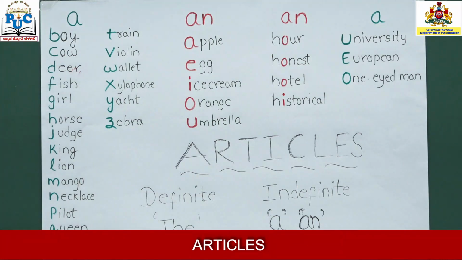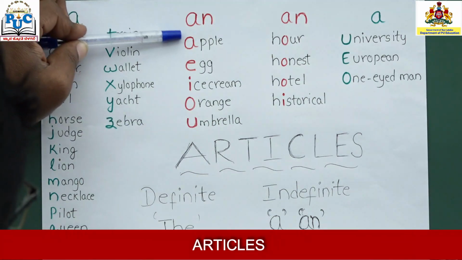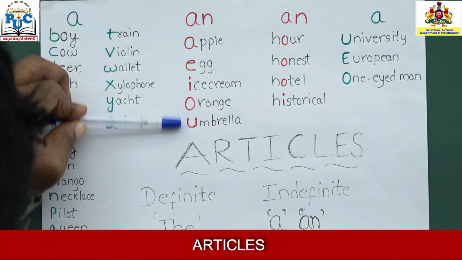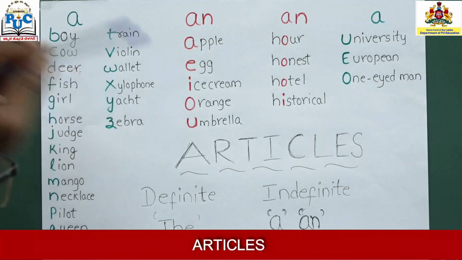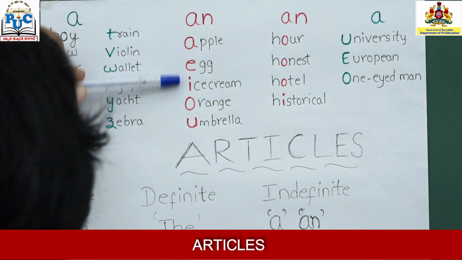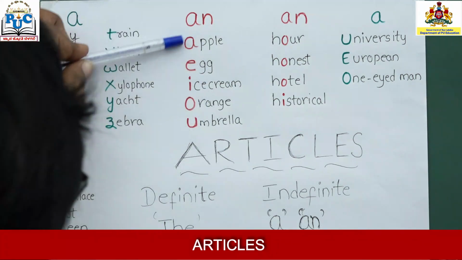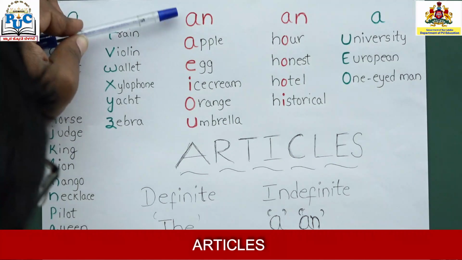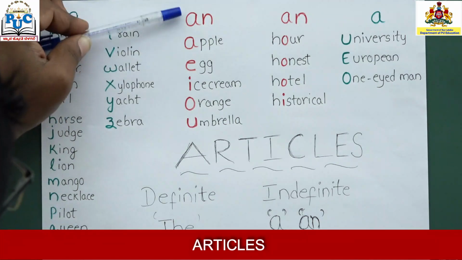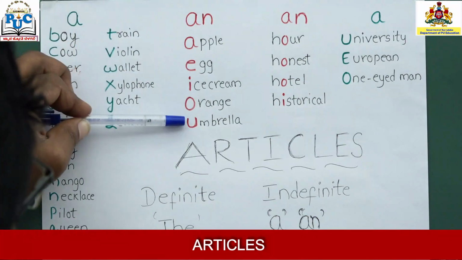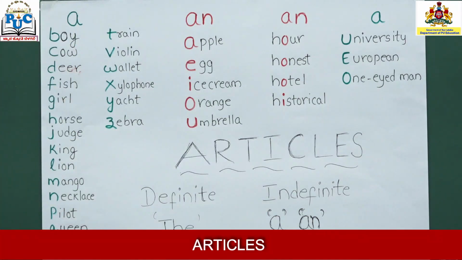Let's move to the next one. Look at this, which is written in red ink. A, E, I, O, U. See? These are all vowels. An apple, an egg, an ice cream, an orange, an umbrella.